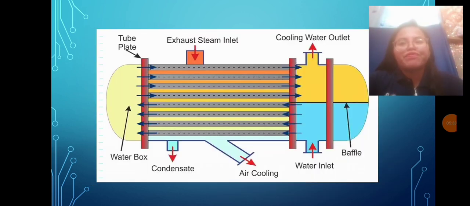The heat transfer rate depends on the movement of the cooling water, the cleanliness of the device, and the temperature variations between the steam and cooling water. The change into water happens at the saturation temperature. In this case, the condenser is under vacuum.